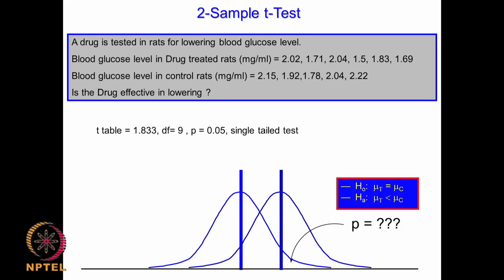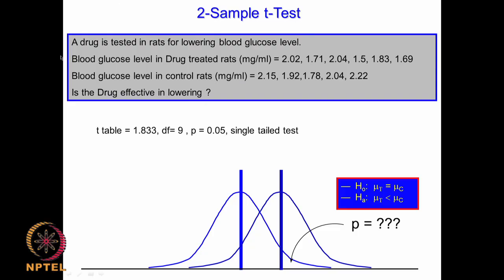So we have two sets of samples, so you will have x1 bar and x2 bar, that is two means, and then we are trying to see whether each of these sample means come from the same population or from different populations.